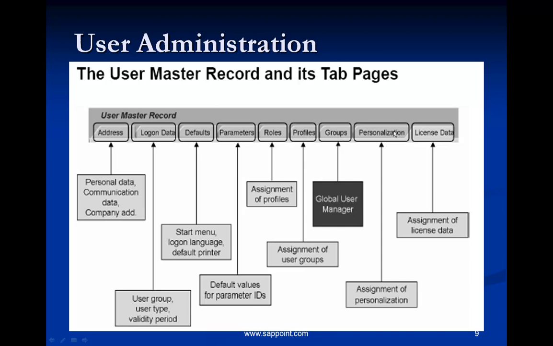You have the personalization data that you can assign in the personalization tab, and license information about that user, which you can maintain in the license data tab. We will see these tabs one by one and understand how we can make use of the information in those tabs to create a proper user ID and follow the audit requirements.